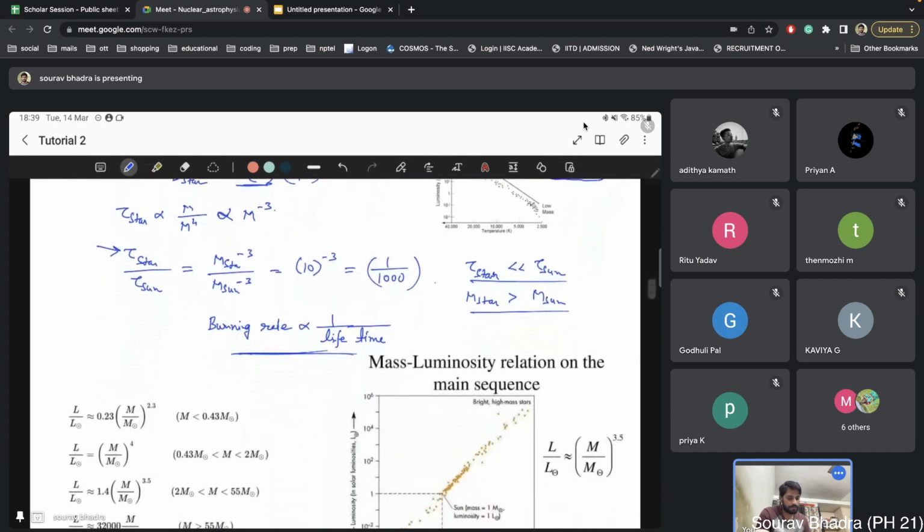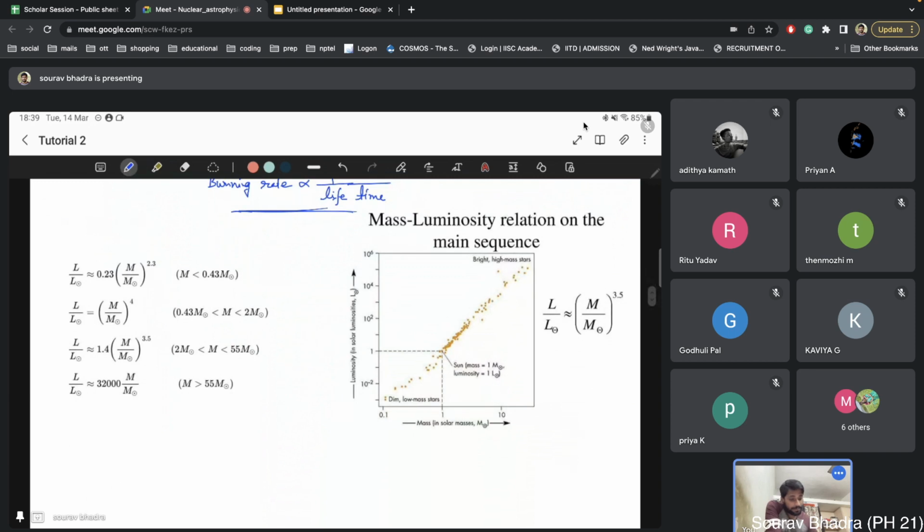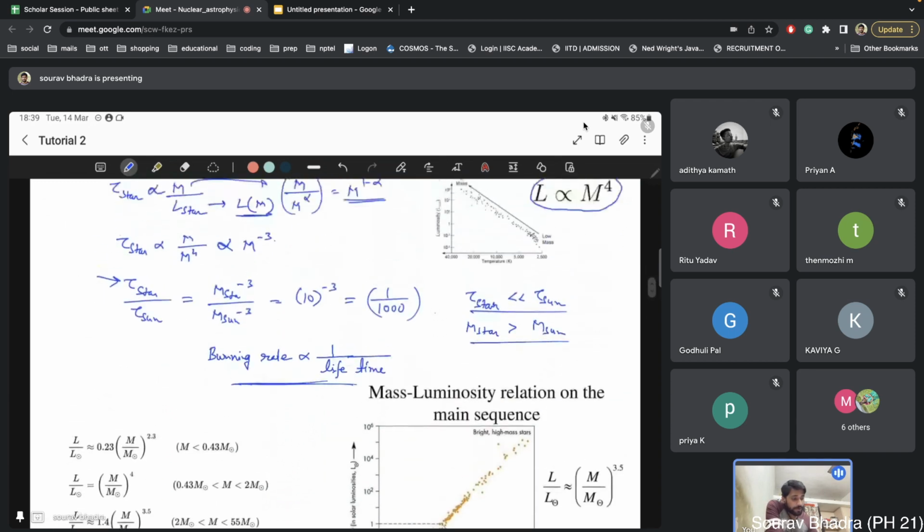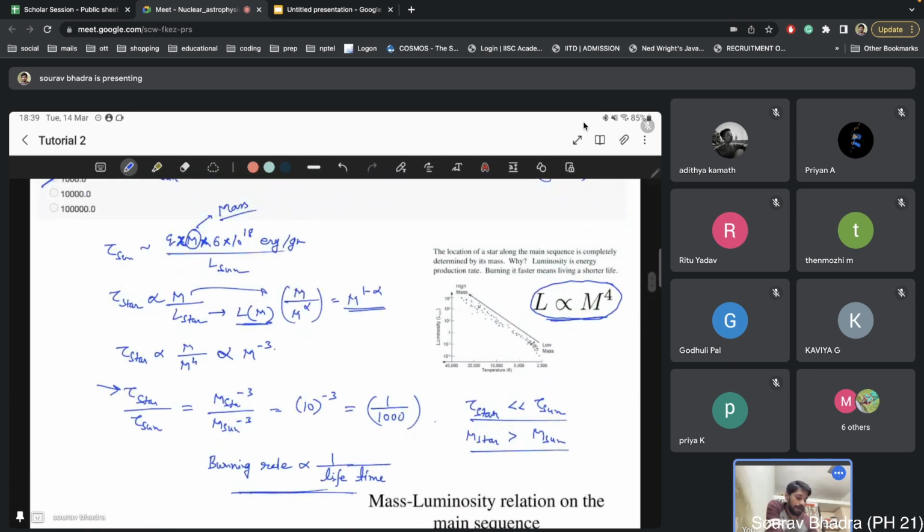For this problem I found that m to the power 4 has to be assumed so that you get an answer. Please remember that there is no hard and fast rule for that.